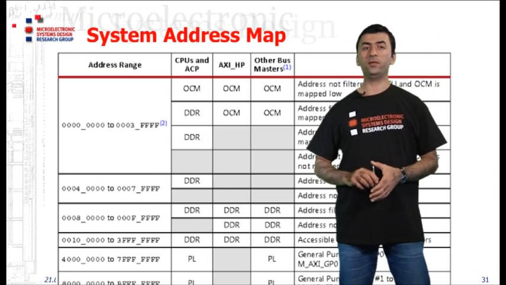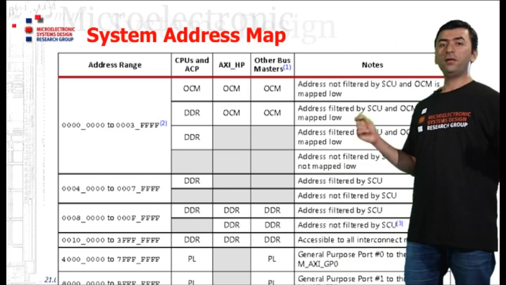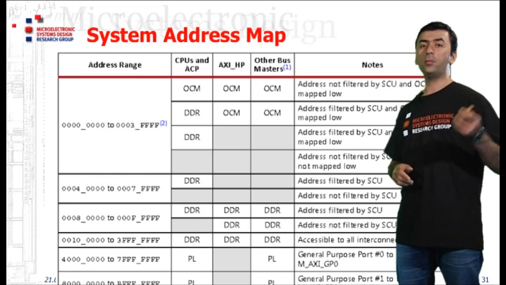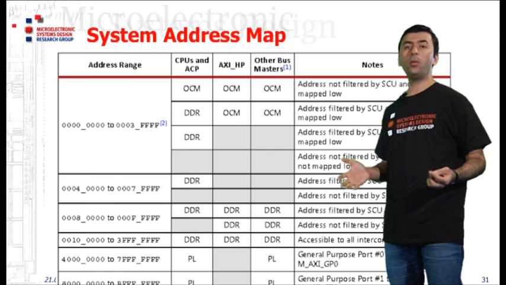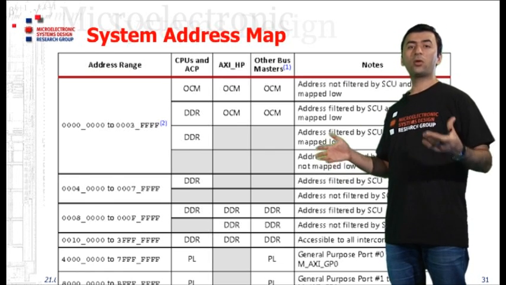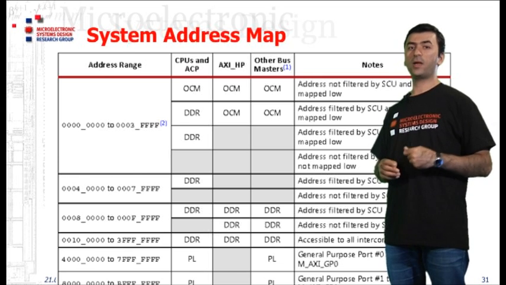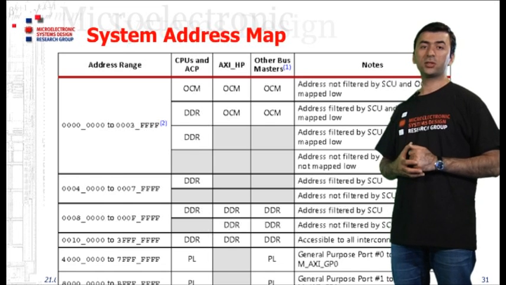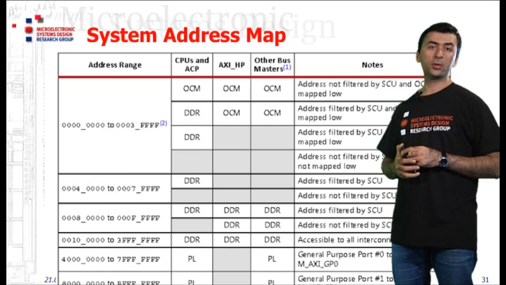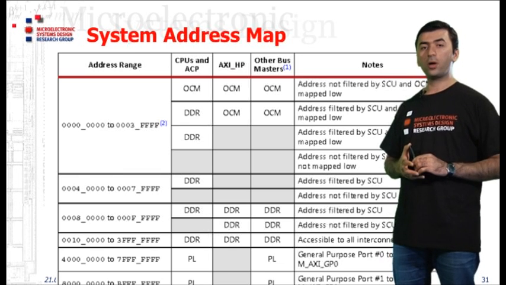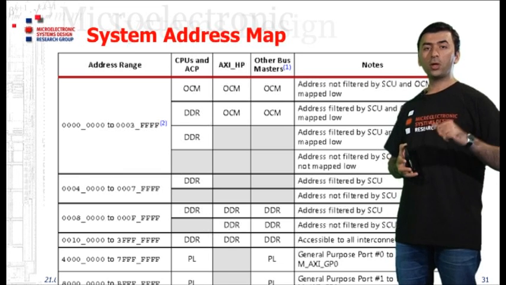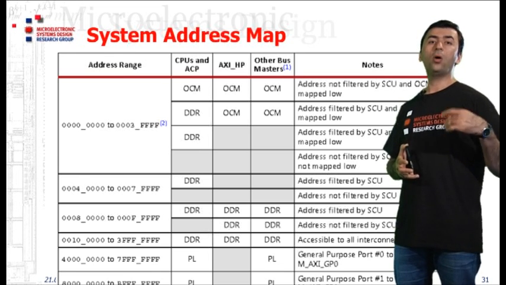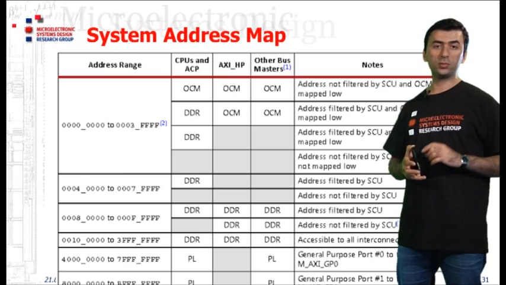Obviously, the CPU system that we described in the PS has a memory map, and each component in this system contains an address range. For example, you may ask me, how shall I initiate transactions to the GP0 and GP1 ports? Suppose I want to write a program running on the ARM host that reads or writes data to the GP0 and GP1 ports.